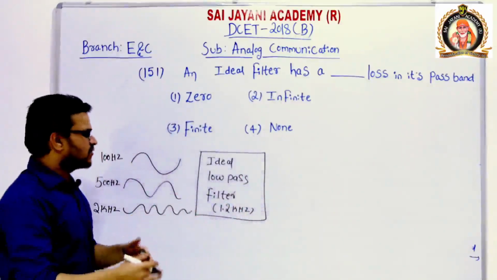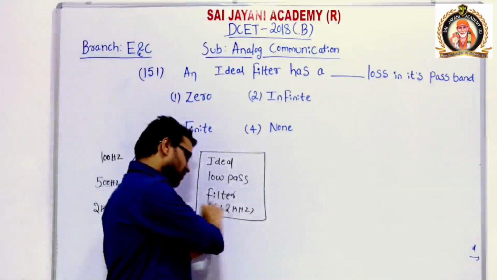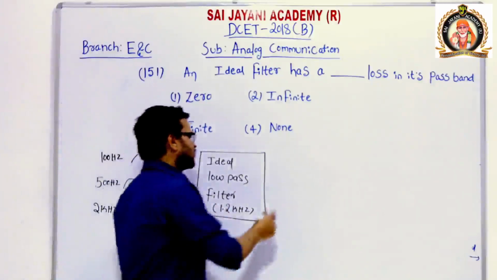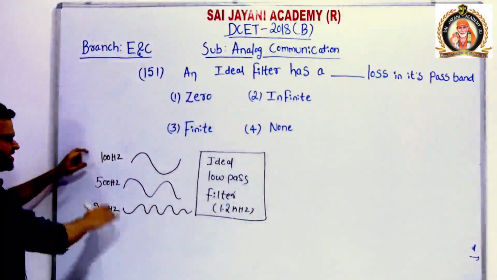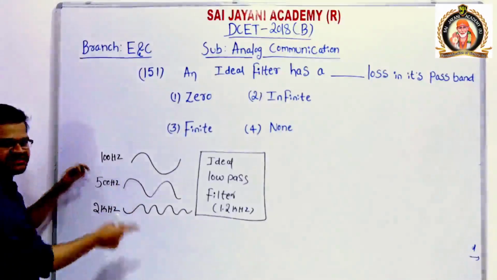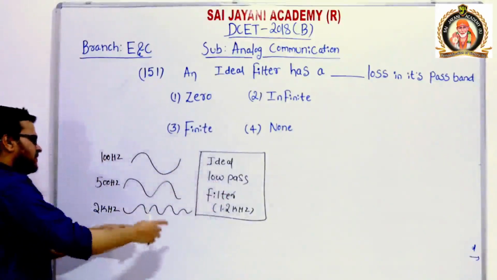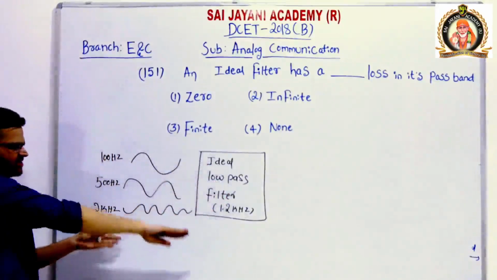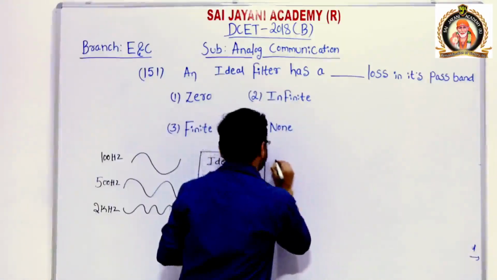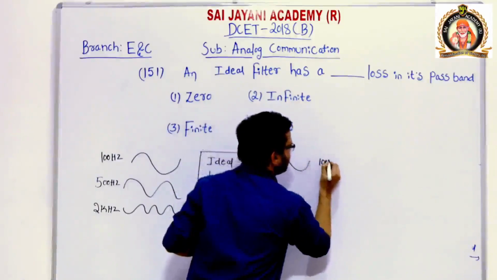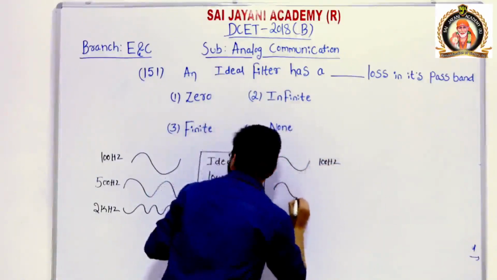The ideal low pass filter only allows the low frequency signals up to the cutoff frequency of 1.2 kilohertz. So at the output we get only 2 frequency signals, the 100 hertz and the 500 hertz signals, and it rejects the 2 kilohertz signal.